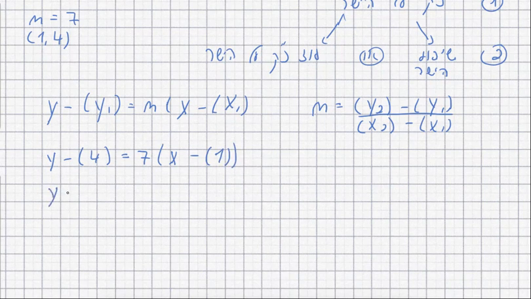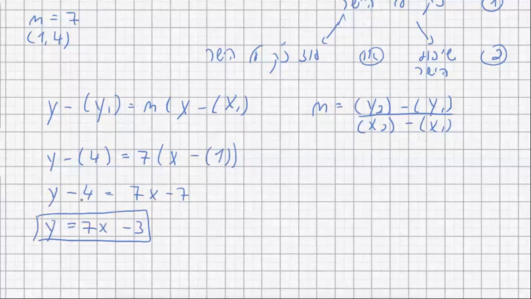So this is y minus 4 equals 7x minus 7, right? Then we need to move the 4, so it will be 7x minus 3. And that is it. Great.